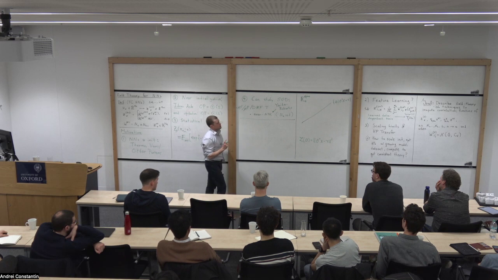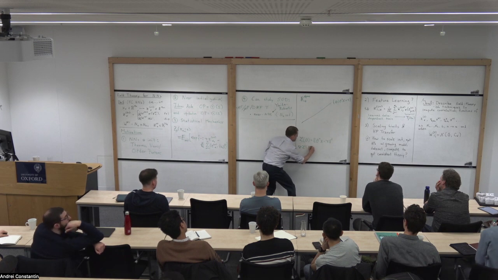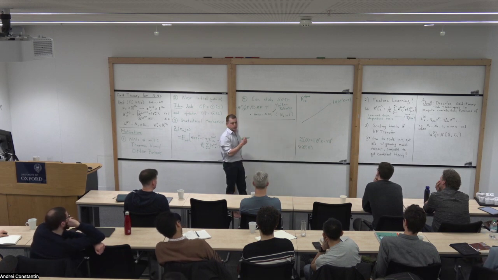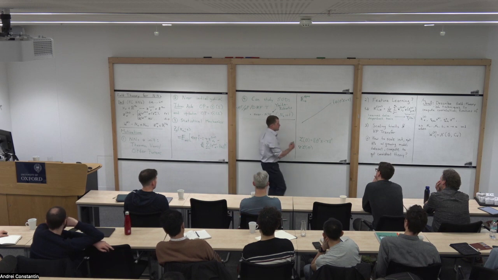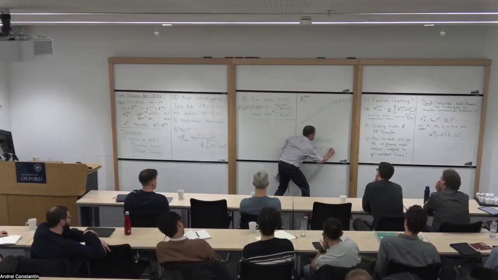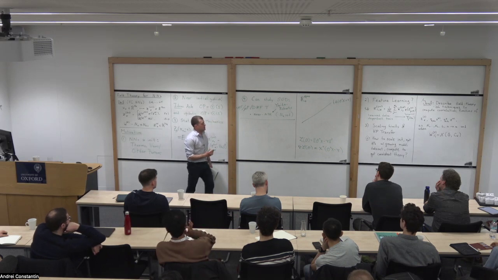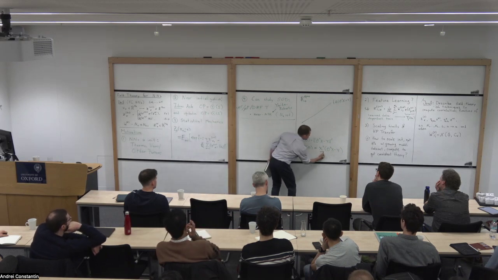Well, what's going on is the following. A really beautiful calculation, very simple but beautiful: if you take the gradient of the loss, which is what you use to make your steps, you find it's X transpose times (theta transpose x minus y). In particular, it's in the column space of X transpose.